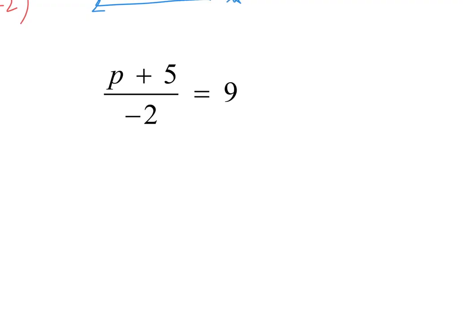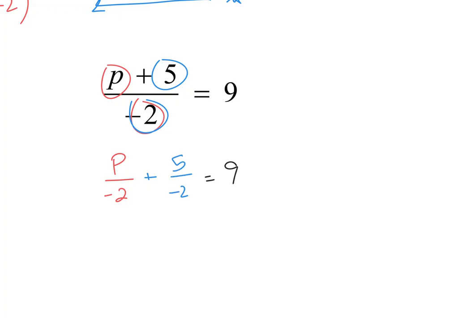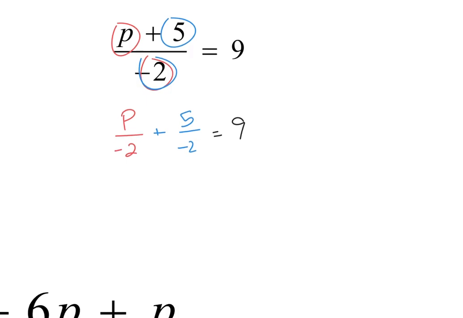Then here's your option. P is being divided by negative 2, and 5 is being divided by negative 2. So we have p over negative 2 plus 5 over negative 2, and that equals 9. So now, this red part isn't going to change, p over negative 2.